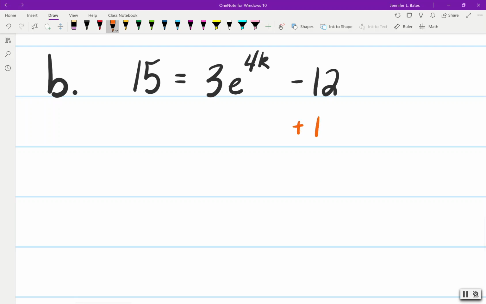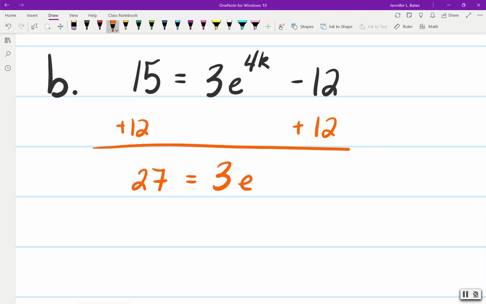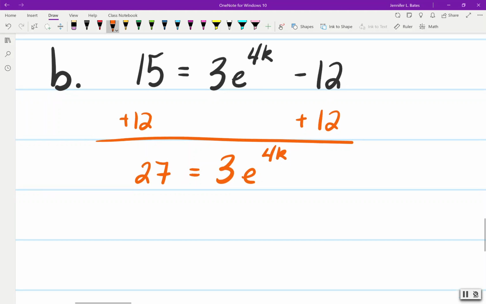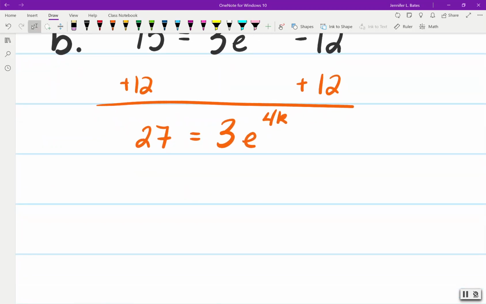So we're going to add 12 to both sides. So this is 27 is equal to 3e to the 4k. If I'm trying to get e to the 4k by itself, I need to take the 3 and divide it out of there. So we're going to divide the 3 to the other side.